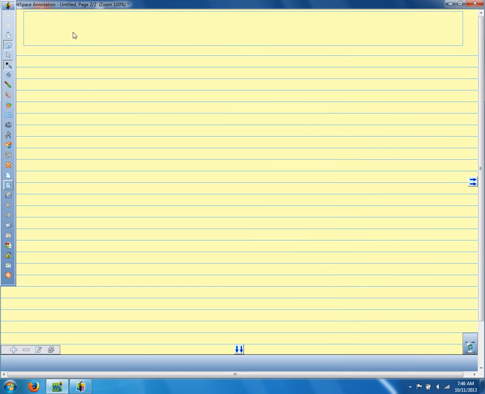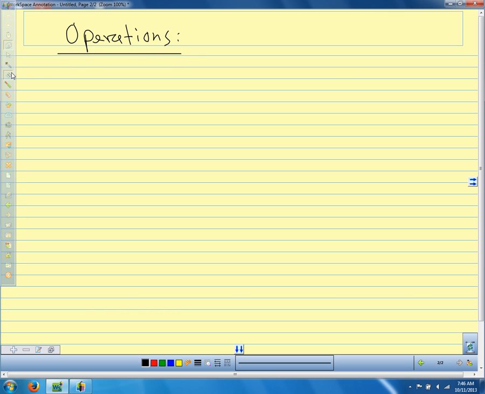Okay. So our operations. So we're going to say that we have two power series. So f of x is given by one power series, the sum of a sub n x to the n, and g of x is the sum of b sub n x to the n. And it's the same if we're expanding about a point other than 0.